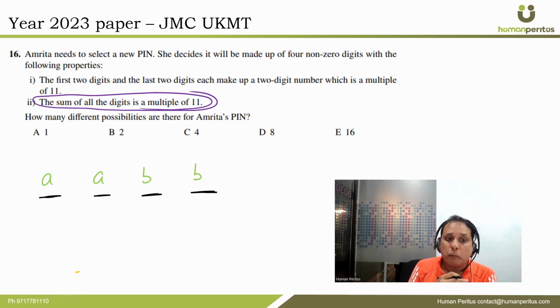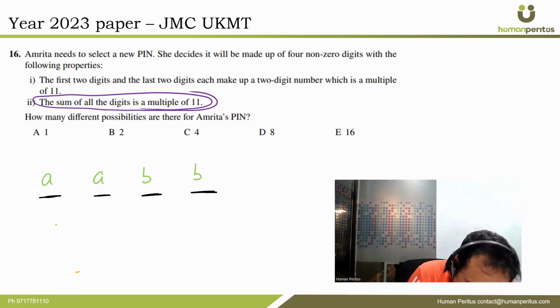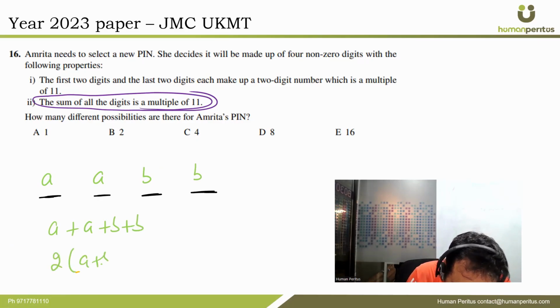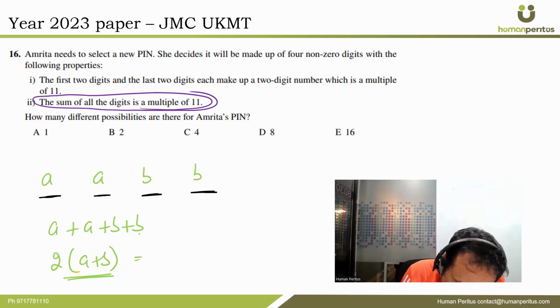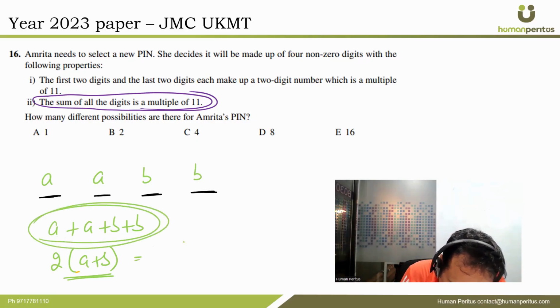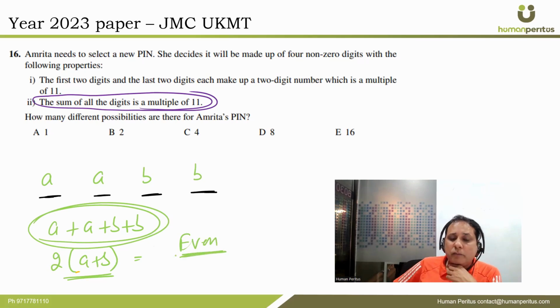Now, if you add them up, A plus B will be what? Anyway, you can take examples if you are not comfortable with doing A and B. The idea is this sum will always be an even number.